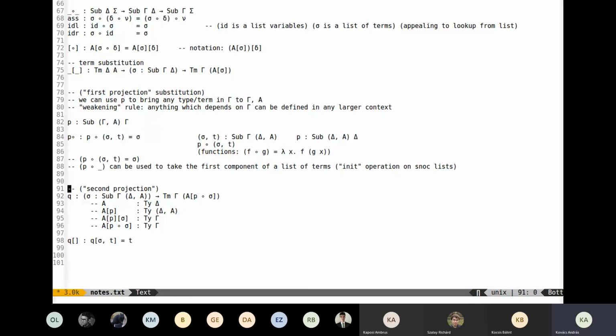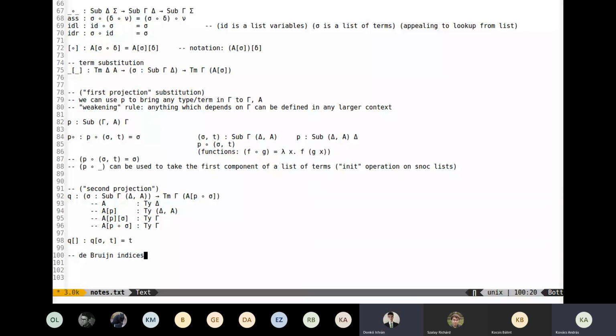So we can have a car and CDR, and P is car, and then Q is CDR. Now we can actually talk about De Bruijn indices.